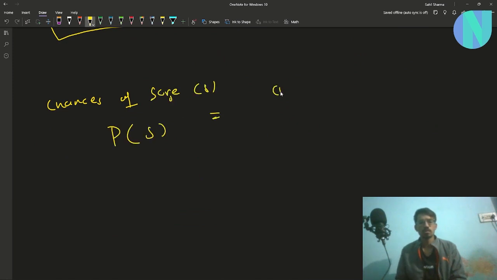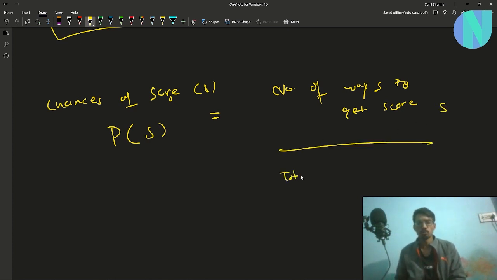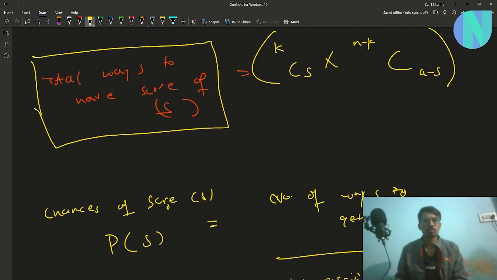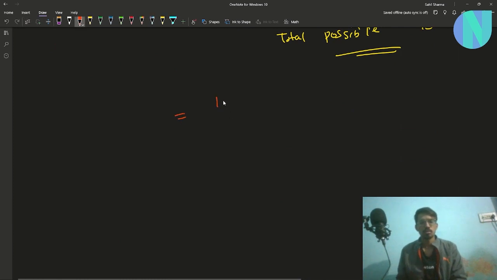It is the number of ways to get score S over total possible ways. And as we saw previously, the number of ways to get score S is kCS into (n minus k) C (A minus S).